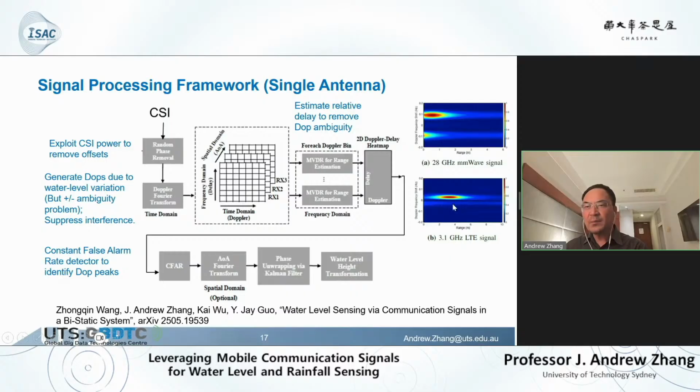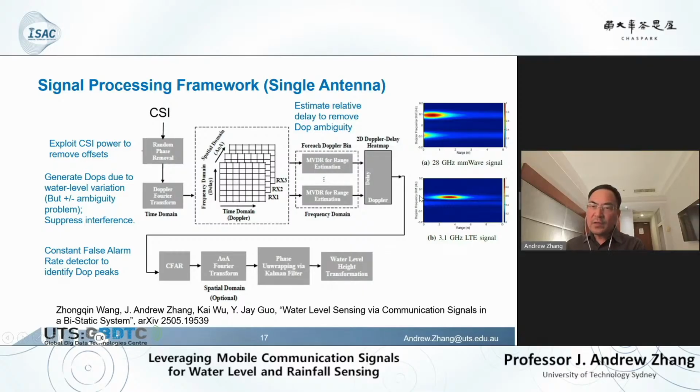Shown here are two examples. One is based on 28 gigahertz millimeter wave, and one is for 3.1 gigahertz. As you can see, the resolution here is quite different. For example, for this one, the spot almost covers a 4-meter range, while for millimeter wave, it's only 1 meter in this particular example.